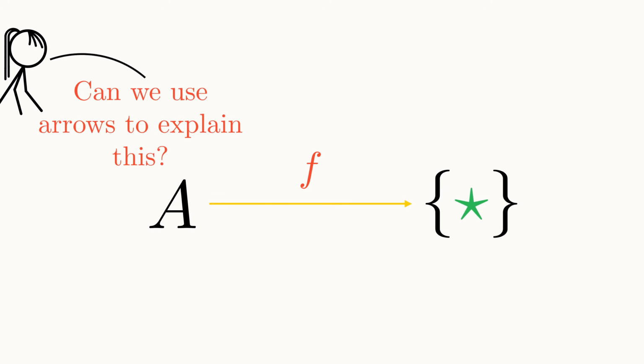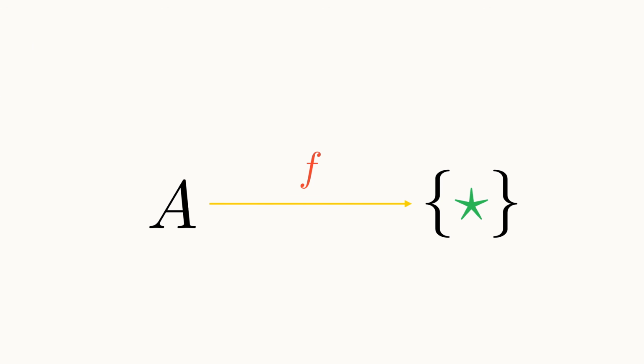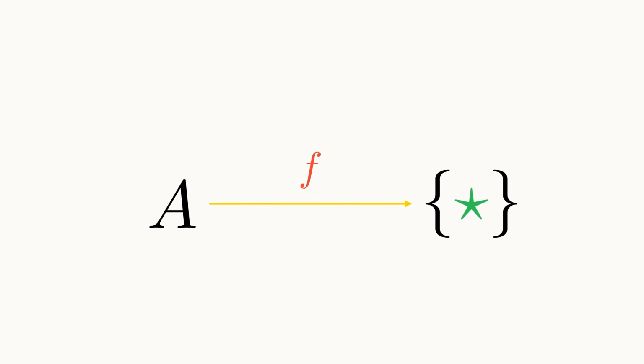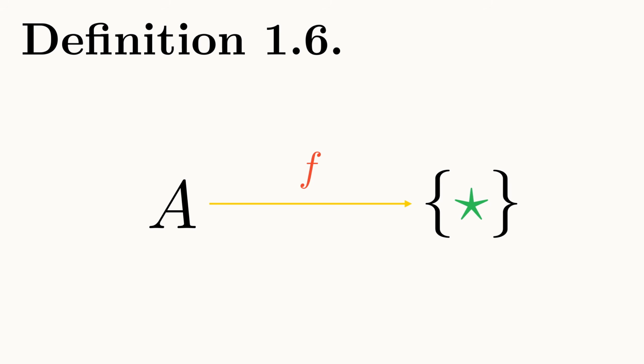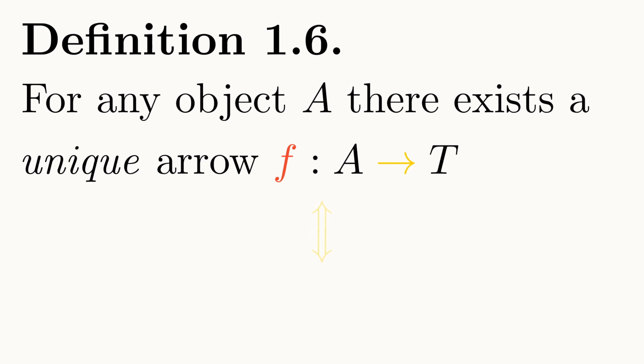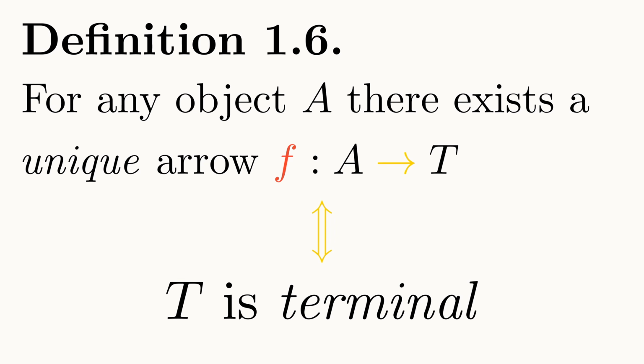Notice how this definition of a singleton set doesn't require us to look inside any of our objects, and as such, this definition is perfectly valid in any category. Indeed, an object in a category that has a unique arrow from every object in the category to that object is called a terminal object. So every singleton set is a terminal object in the category Set.